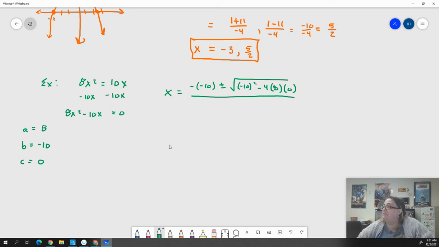Think about that a little bit. Over 2 times a, which is 8. If we look at that now, we've got negative 10 times negative, which is just 10, plus or minus the square root of negative 10 squared is just 100. Well, minus 4 times 8 is 32, but what happens when I multiply that 32 times 0?